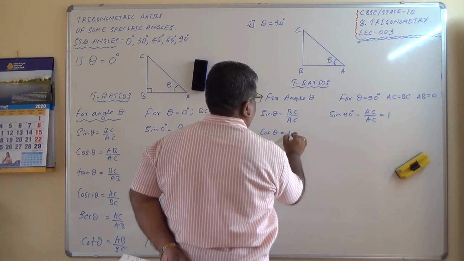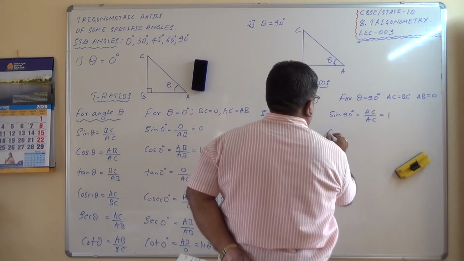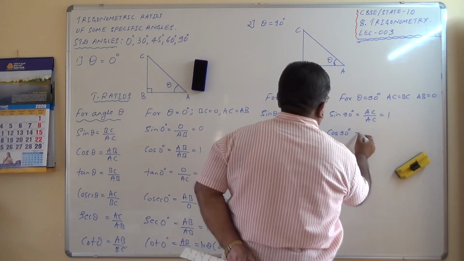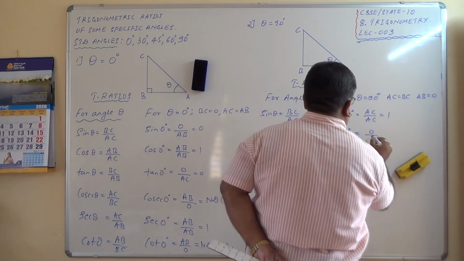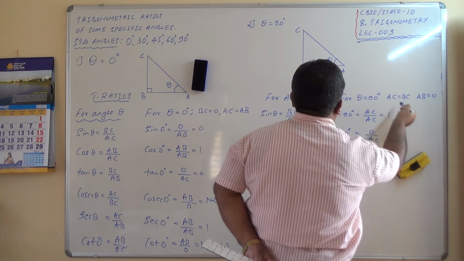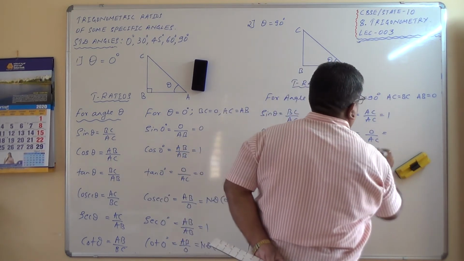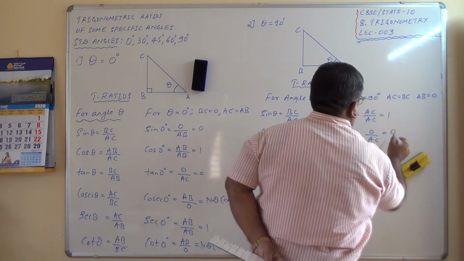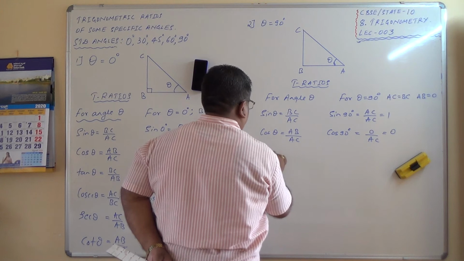Cos theta equals AB by AC, cos 90 degrees. What happens to AB? Becomes 0. 0 by AC. AC will become BC basically. AC and BC both will be same. It's okay, no problem. I can write AC, which is 0. Cos 90 is 0. Next is tan.